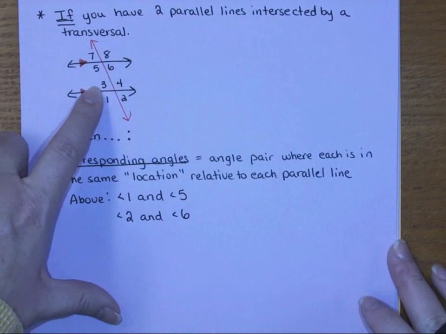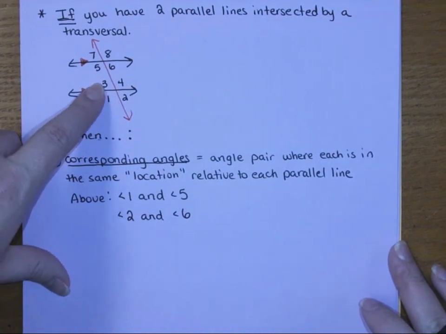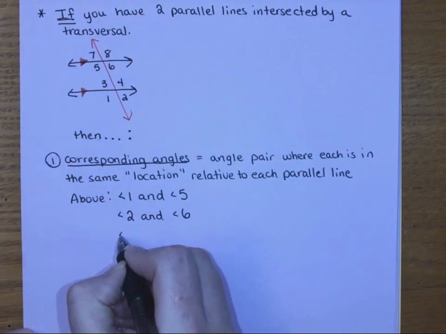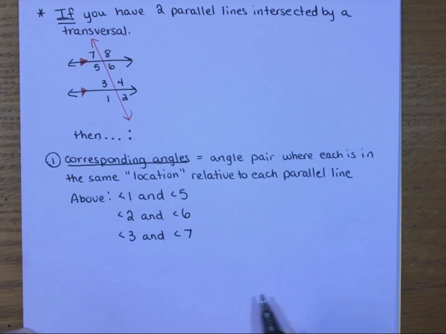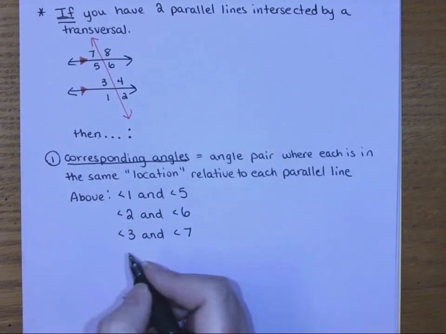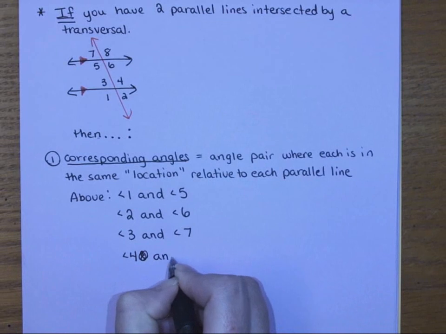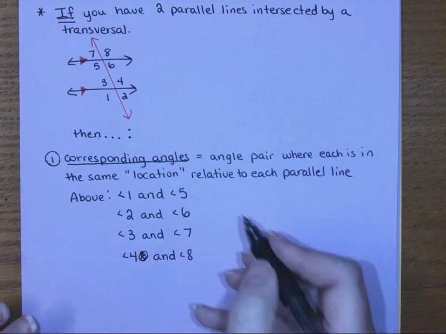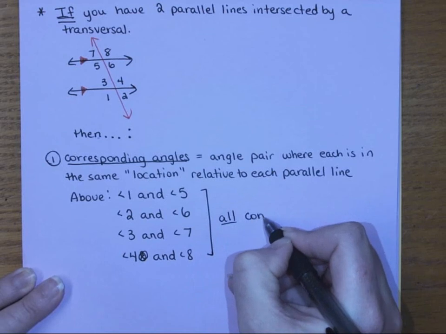Okay, what about 3? What would 3 be corresponding with? So pay attention to this group of 4. It's the top left, and so 7 would be the top left on the top. And then lastly, we have 4, and 4 and 8 would be corresponding. Okay, all of these are corresponding angle pairs.